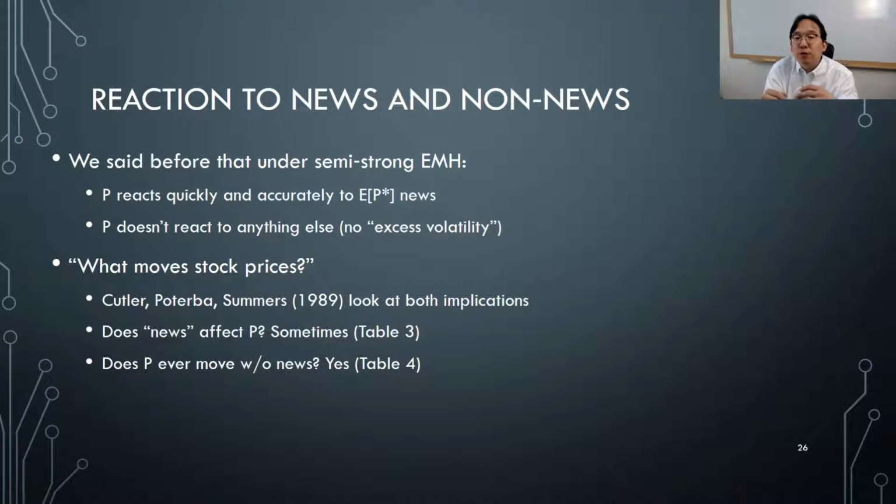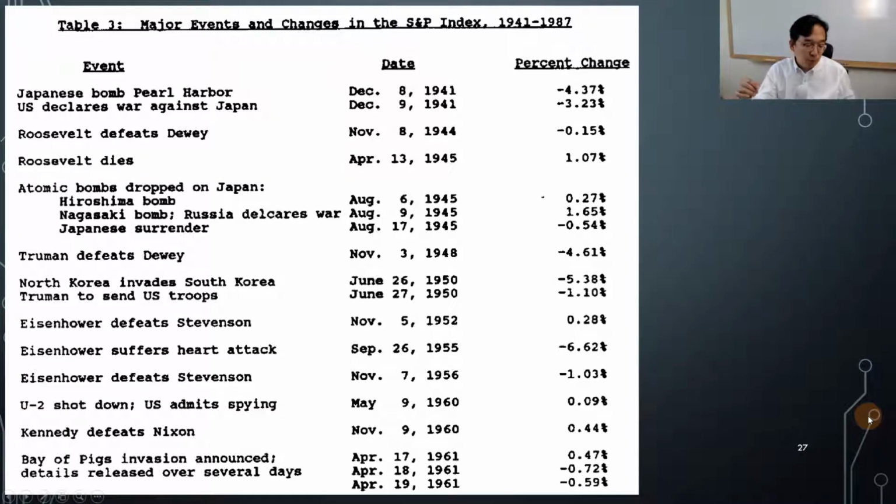So reactions to news and no news is the topic over here, right? What Moves the Stock Price, by Cutler, Poterba, and Larry Summers, a Harvard professor, was a seminal paper about it, right? They went through a series of events, right?